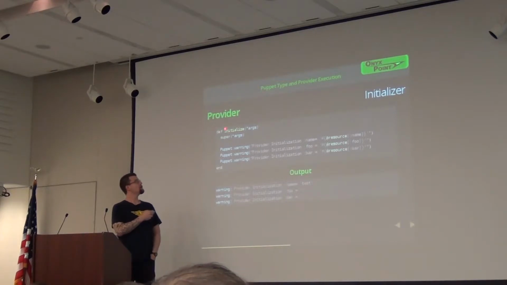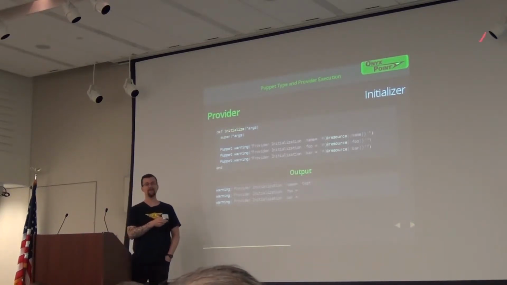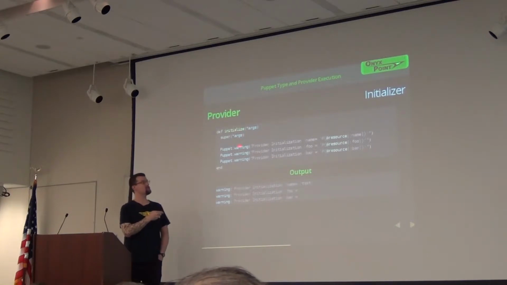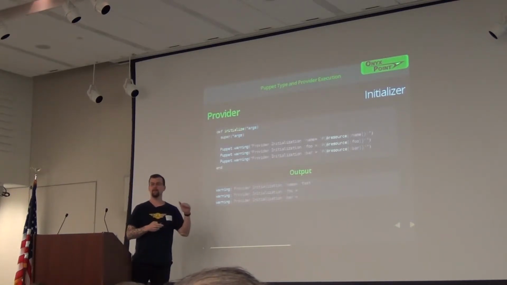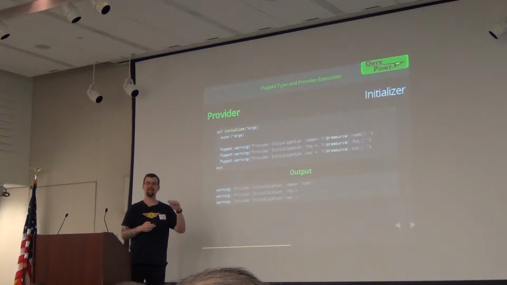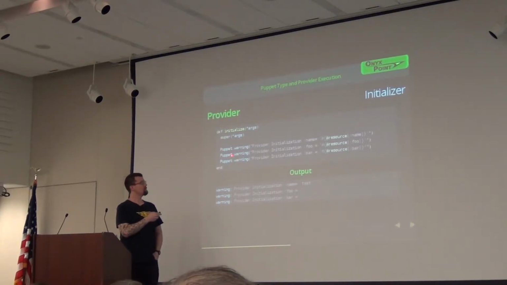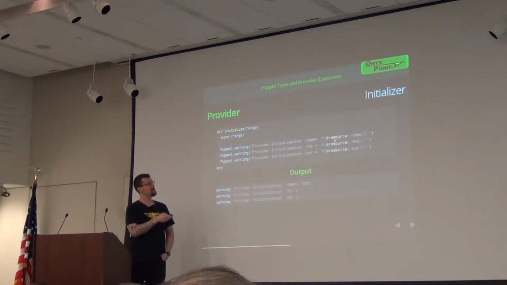So now we're back in the provider, and we're going to initialize the provider. So we've gone through the globals in the provider, and now we're going to initialize the provider. So right here, I'm in the initialize definition. Make sure you call super at the top of your initializer. If you don't, things can happen incorrectly. So then we end up with these three warnings. And you can see here, I'm actually calling resource name, resource foo, and resource bar.